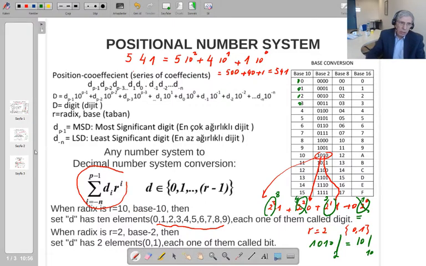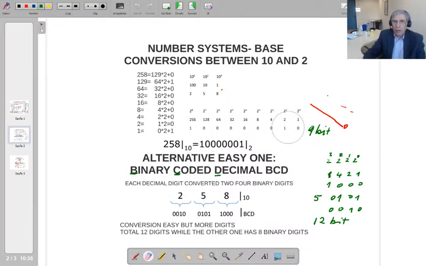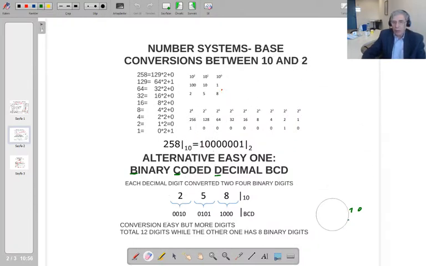So let's come to the second slide here. We said that by using this formula we can transfer any base number to a decimal number. But how are we going to do the opposite of it?